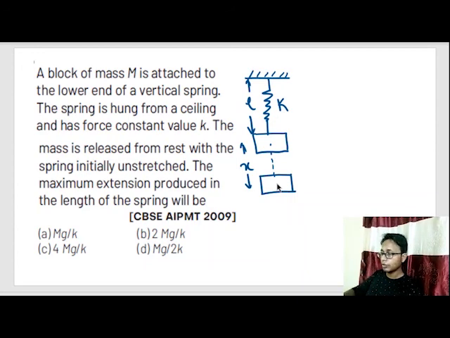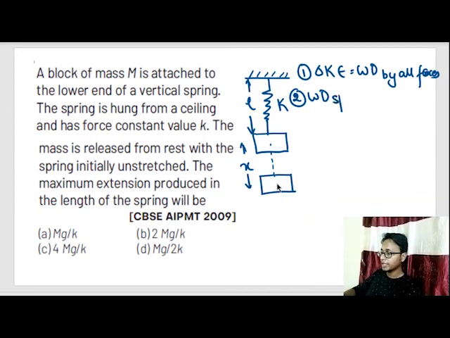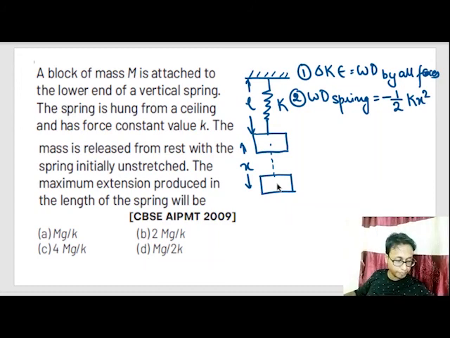Okay, so we know that change in kinetic energy is equal to work done by all forces. Work done by spring force we have derived in an earlier class. Work done by spring force is minus half kx square. See your previous slides.